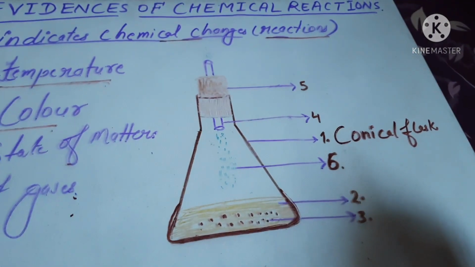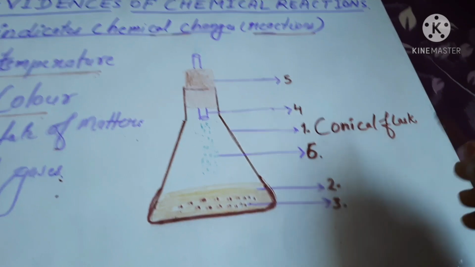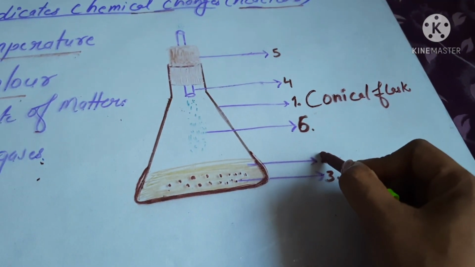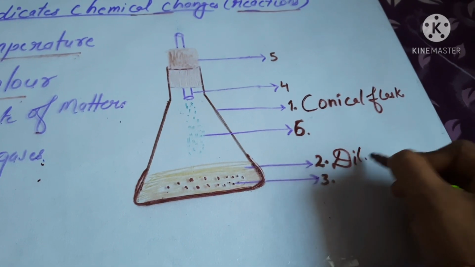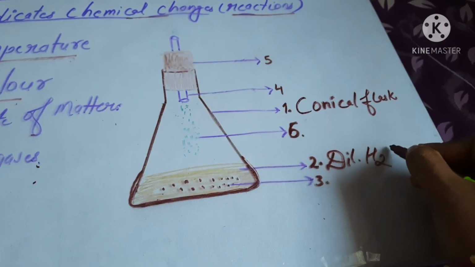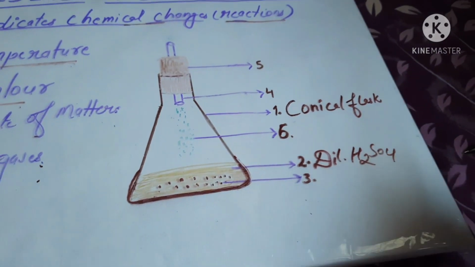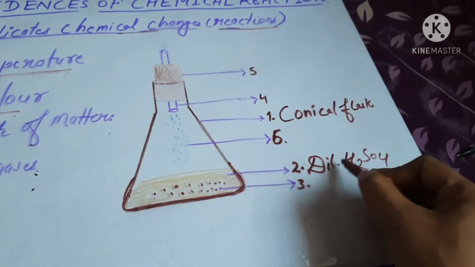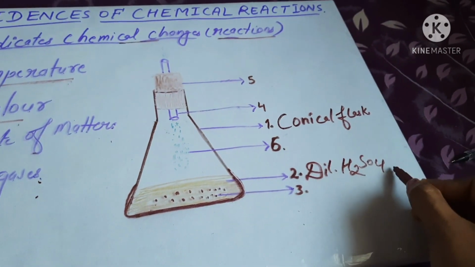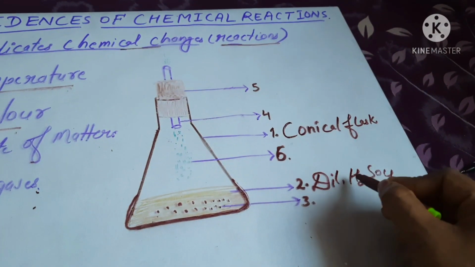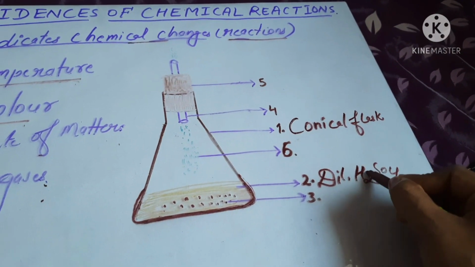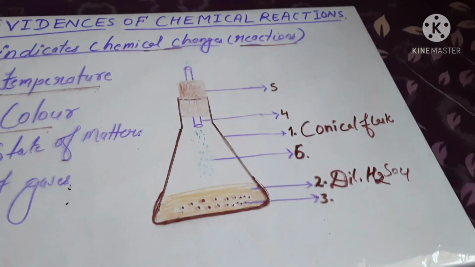What is number two? In number two, we take dil. H2SO4. What is the meaning of dil. H2SO4? Dil. means dilute sulfuric acid. It means some water is added to make it dilute.